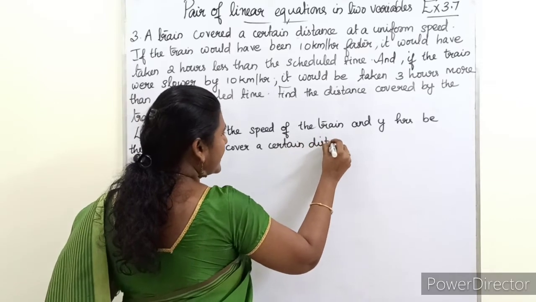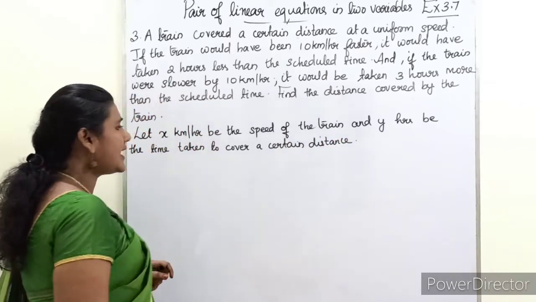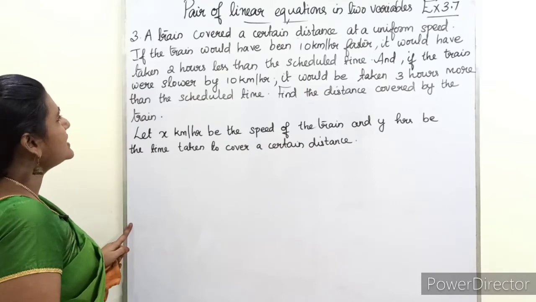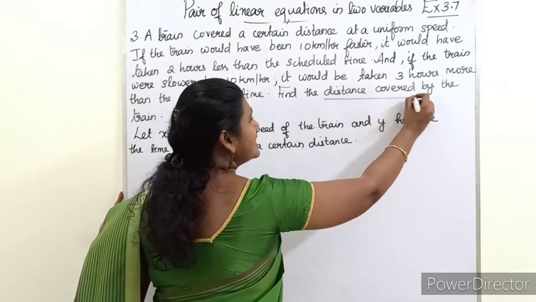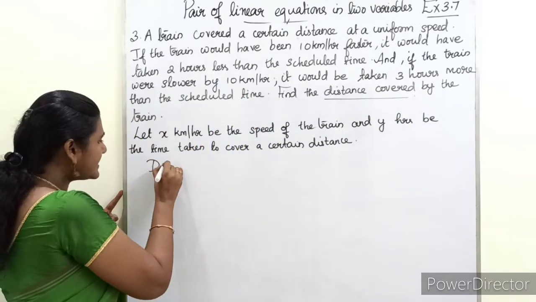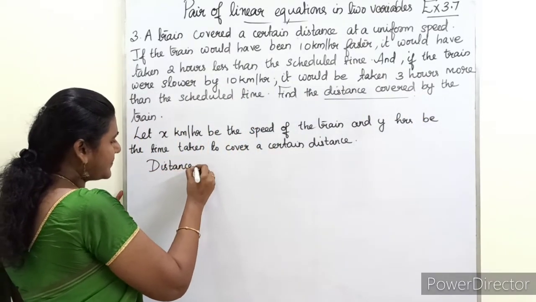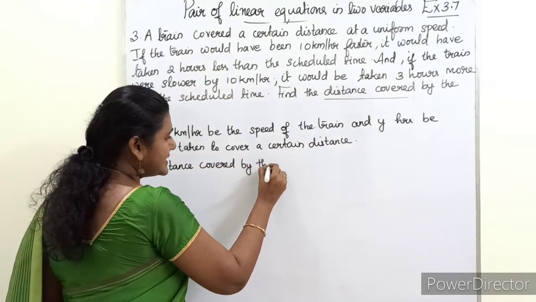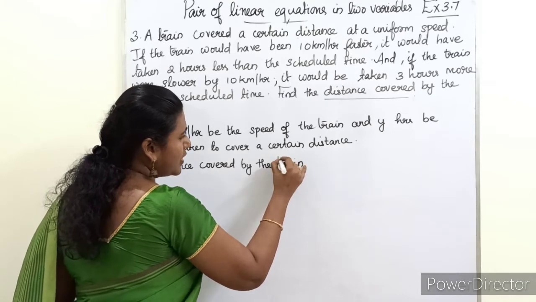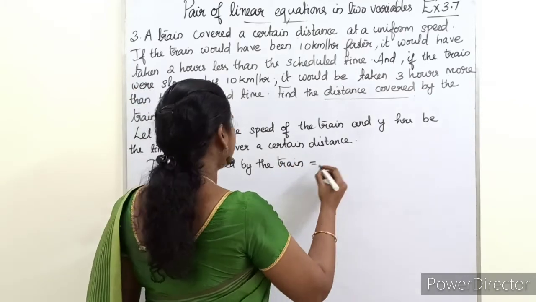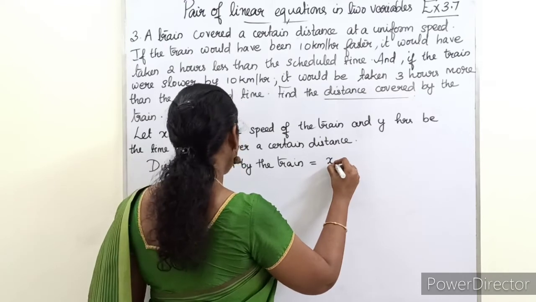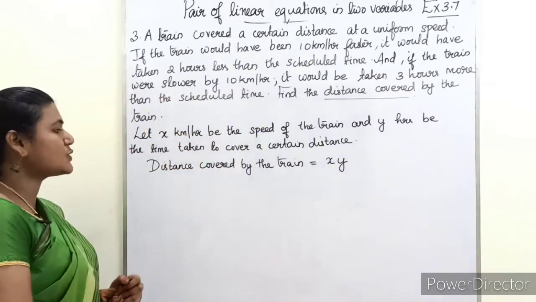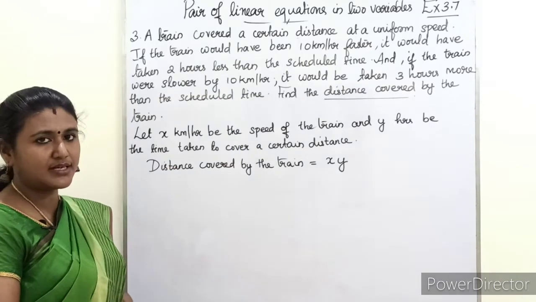So we have taken x and y as the speed and the time taken by the train to cover a certain distance. Now here, first, we have to find the distance covered by the train. So what is the distance covered by the train then? What is the formula? Distance is equal to speed into time. That is, speed we have taken as x and the time is y. So x into y. So xy is the distance covered by the train.